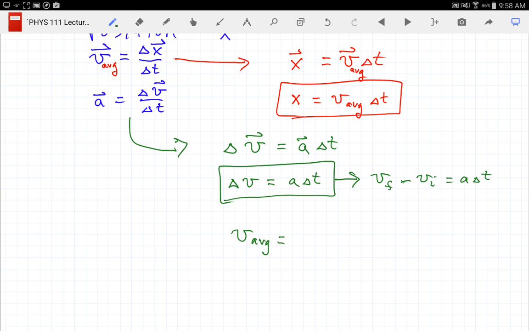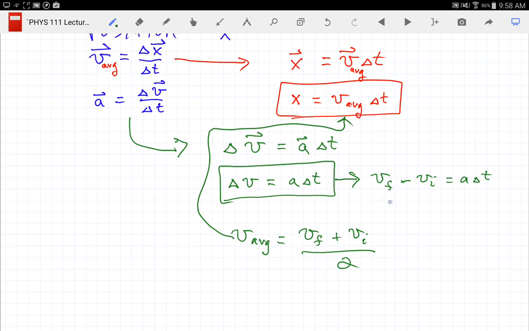Right, Denford did this for us last class period. So it's going to be V final plus V initial divided by 2. That's the average. Why am I going to do that? Because I want to be able to put that in and find the position if something's accelerating. So V average is V final plus V initial over 2.